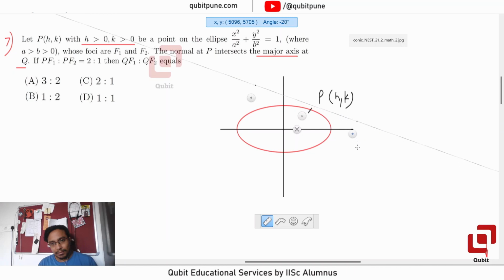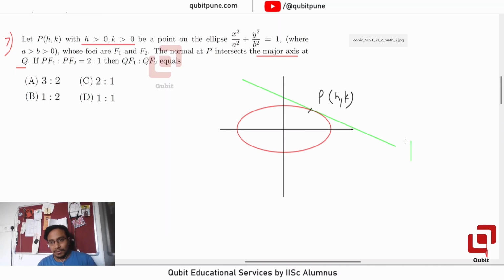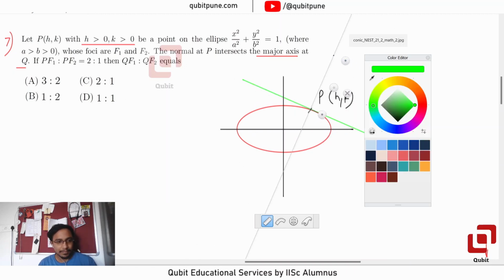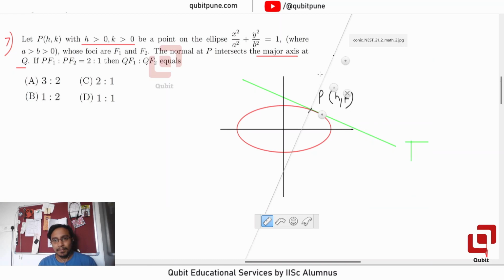This will be the tangent, and this will be the normal. Okay, so this is Q.